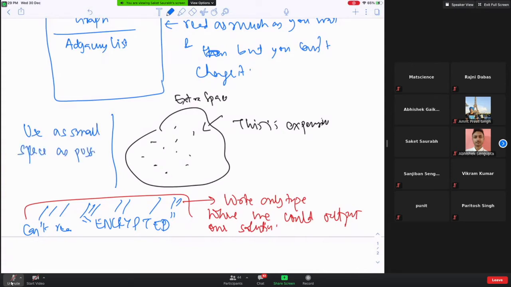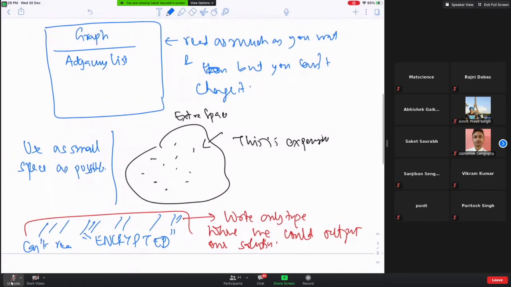Now, what is the difference between this and a streaming algorithm? You can think of a streaming algorithm as the graph being given to you one edge at a time. You can only read, you are getting this input one by one, and if you want to store some information, you can store. But once it is gone, it is gone. But now it is slightly different.